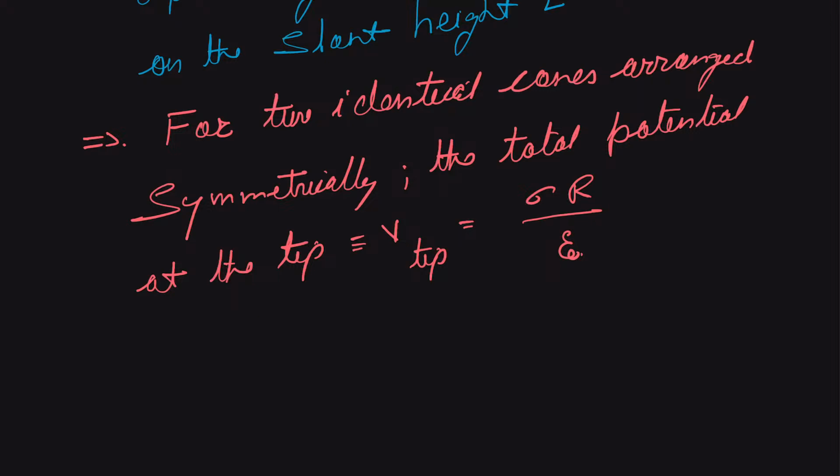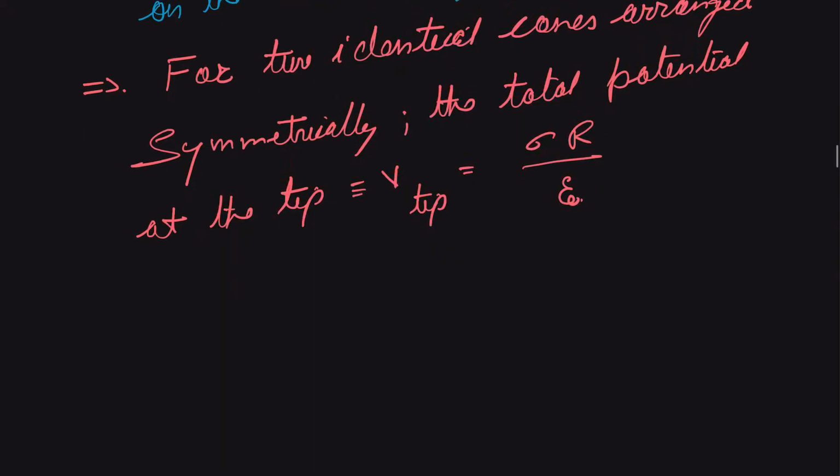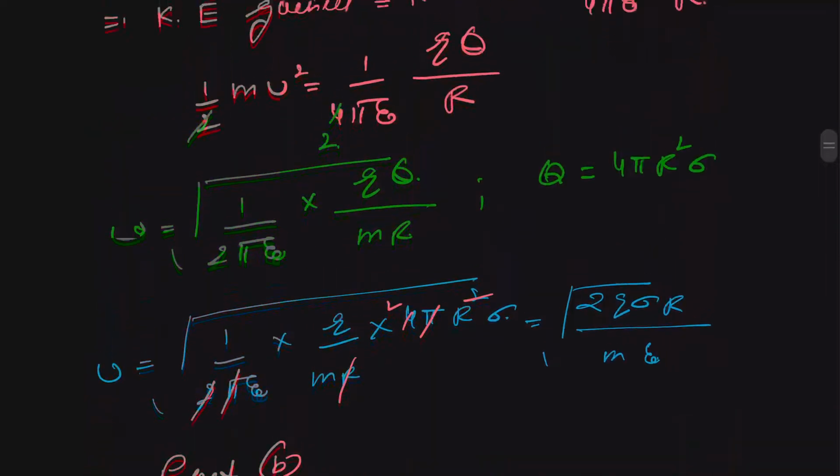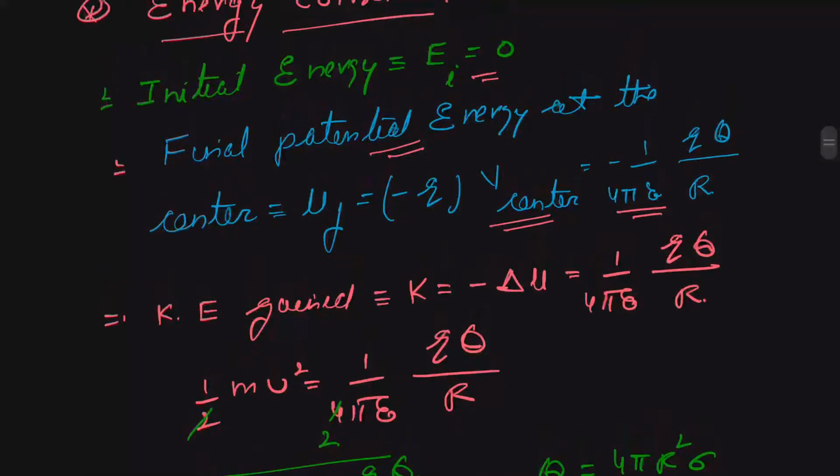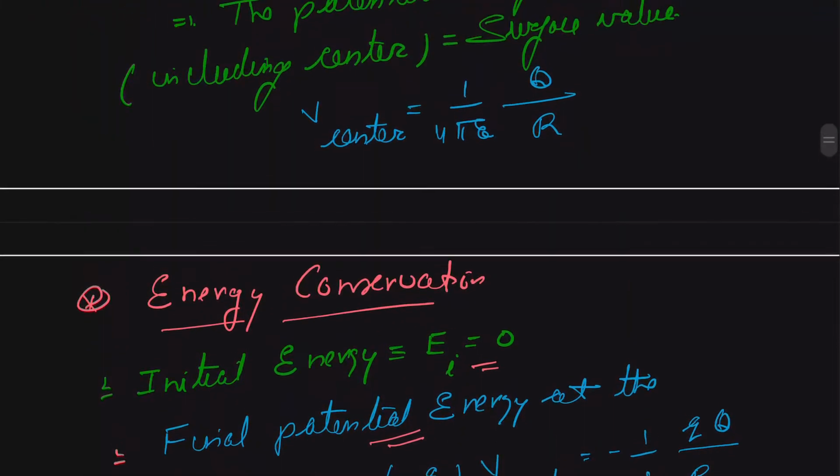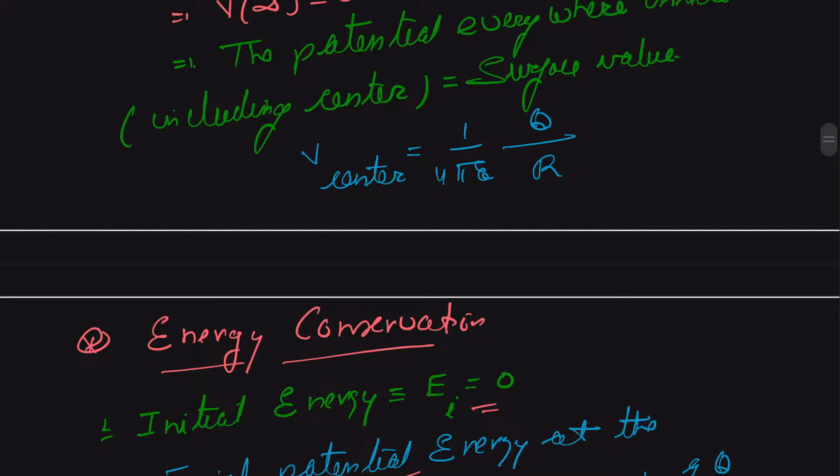Okay. And this is the same as the potential at the center of a charged spherical shell. Yeah, so in this case, if you substitute the value of Q, this will be giving us the potential at the center.